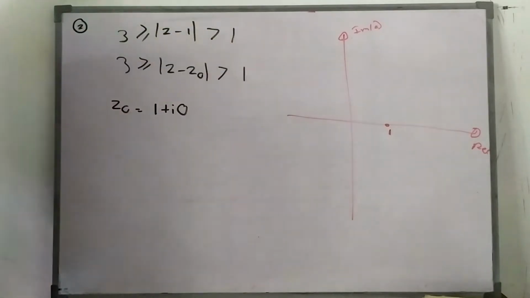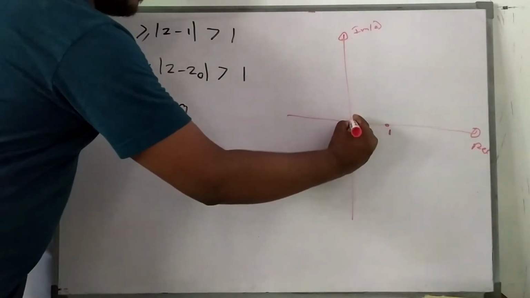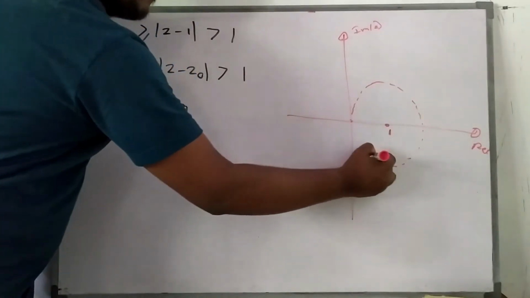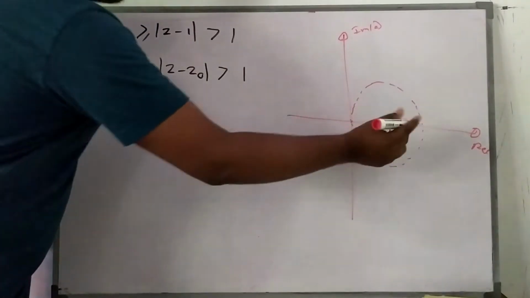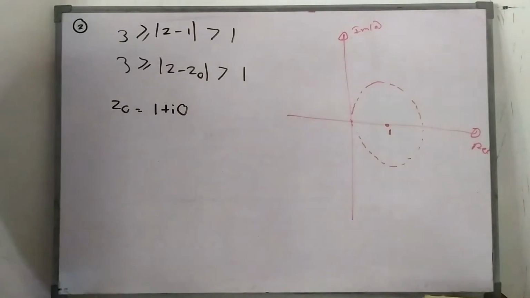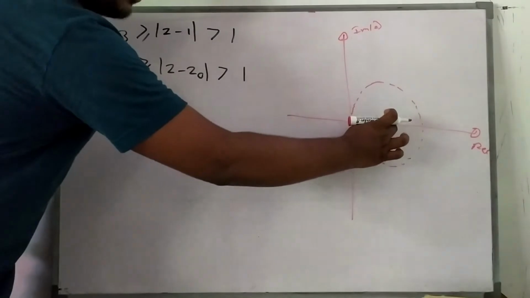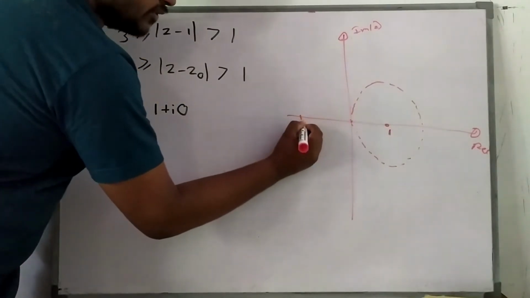And the greater than 1 is passing through that way, right? It's greater than 1 and less than or equal to 3. 3 means from here to here, 1, and here to here it's minus 2, right?